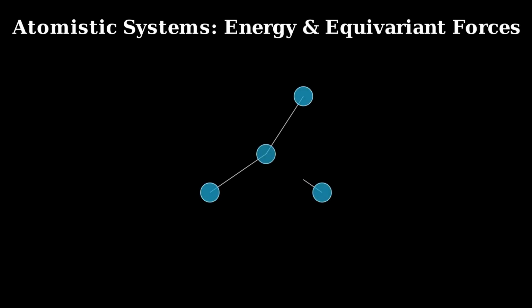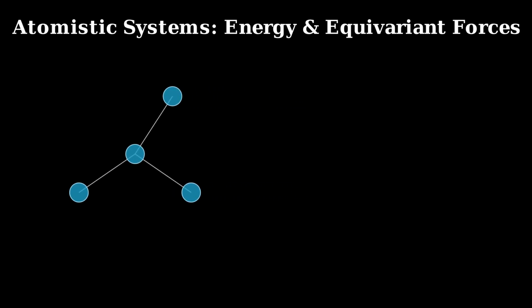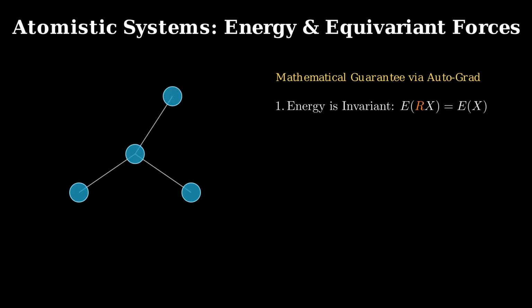In atomistic machine learning, our primary goal is to predict the potential energy of a molecule and the forces acting on each atom. Physics tells us that energy E is a scalar value that is strictly invariant to 3D rotations. And the force F is a vector field, defined exactly as the negative gradient of the energy with respect to atomic coordinates x.